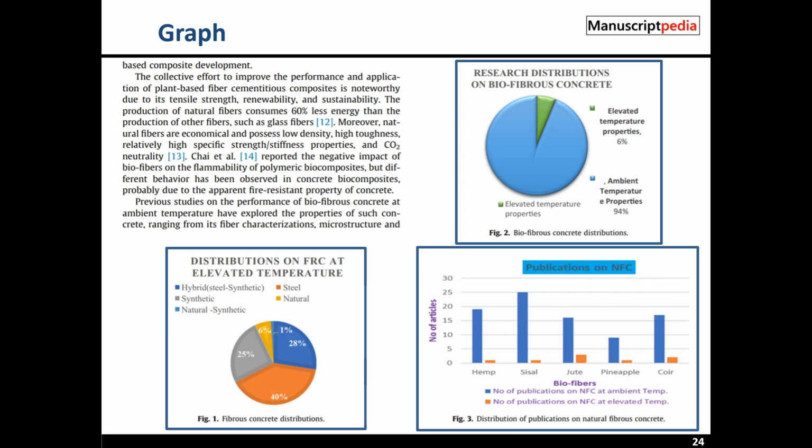That is figure 2, which I shared quite earlier, and figure 1 will be like the material distribution of some material used for the elevated temperature. Various materials have been used, and the next one will be the number of articles. There are various fibers, hemp, sisal, jute, pineapple and coir. So how many publications in ambient temperature, and how many publications in elevated temperature, brown color, and ambient temperature is blue color.